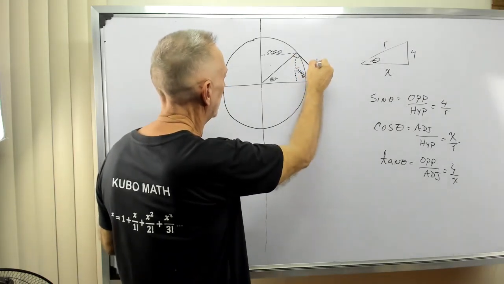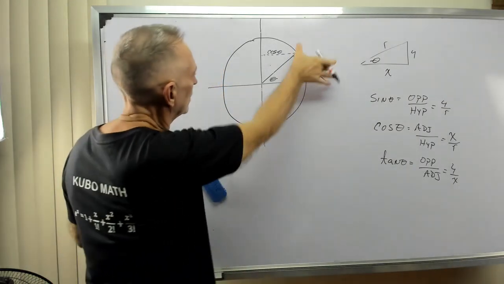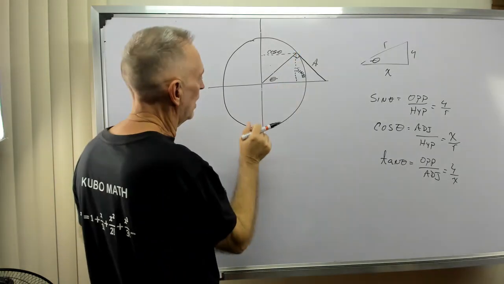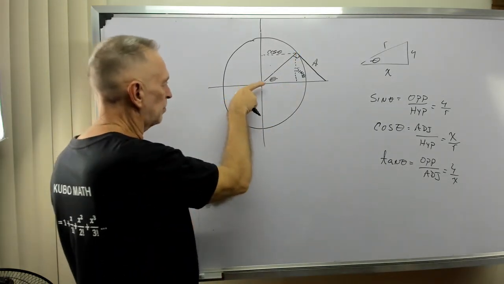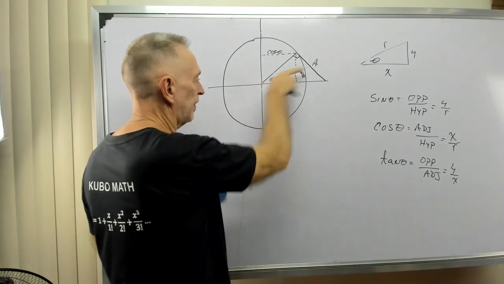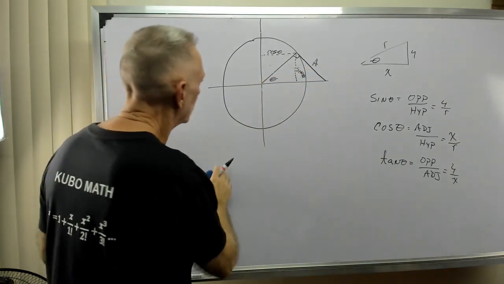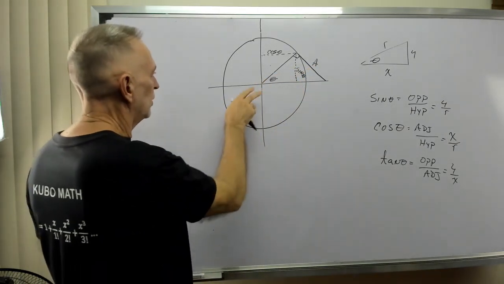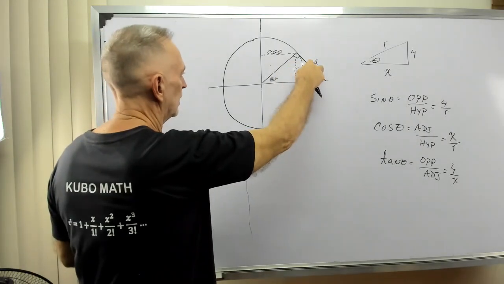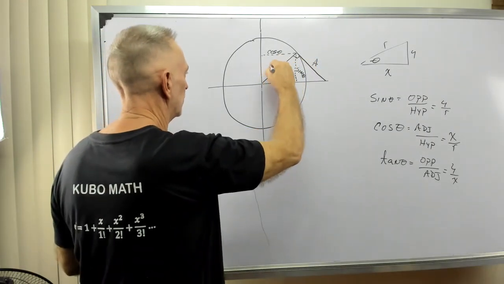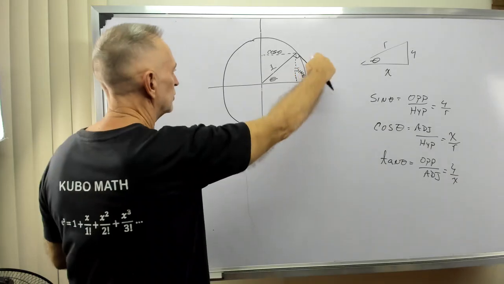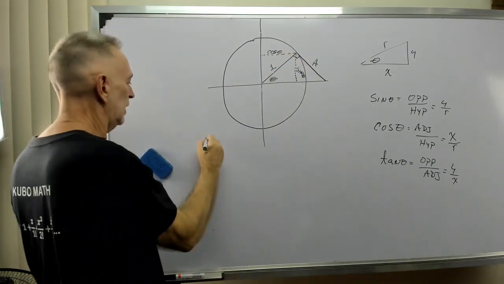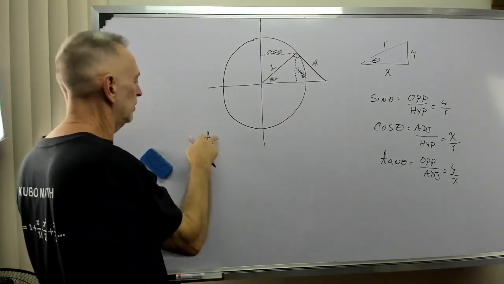Let's just call it A, which is the side of that triangle. So I'm looking at that from the perspective of theta. Okay, so this side is to 1. Remember, this side was 1. So A is to 1.